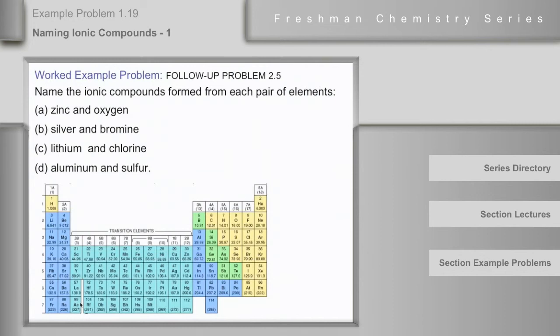The metal in the ionic compound usually produces the positive ion. And the name of that positive ion is the same as the name of the metal.